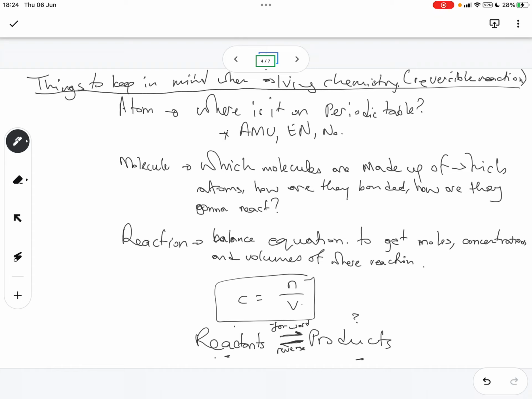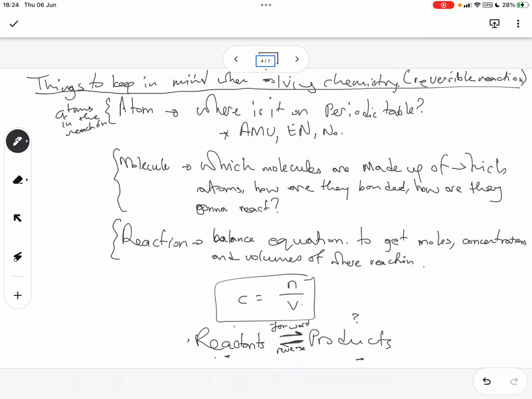But in any case, before we even get to understanding a reaction, we need to first understand what the atoms in the reaction are, so which types of atoms are in the reaction. And secondly, we need to look at how these atoms form the molecules and how these molecules interact with each other.